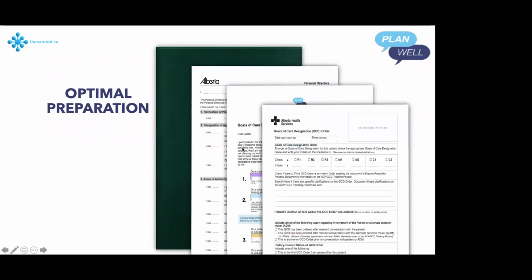I know I have a diverse audience, but I'll use Alberta as an example. These forms may differ by province, obviously, but to me, an optimally prepared person is one that has done the goals of care designation form that the doctor fills out and determines that medical order for the use or non-use of life-sustaining treatments, that is informed by the Dear Doctor letter or the planning exercise on Plan Well Guide, and inclusive of that is then the personal directive, where legally you're naming your agent.